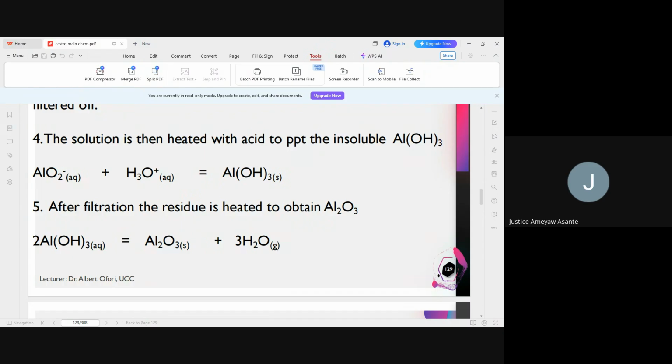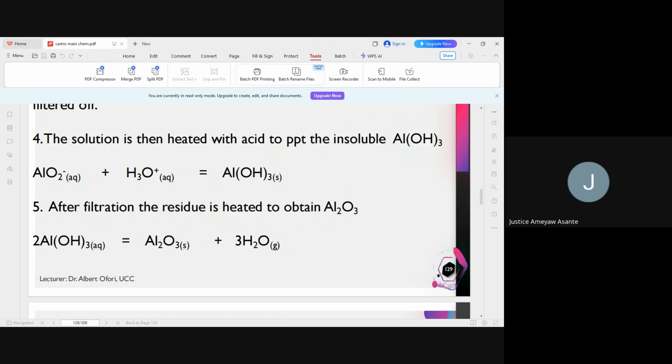After that, you have to separate the aluminum hydroxide, which is insoluble, from your silicates, which are soluble. So you filter to get your aluminum hydroxide. So the aluminum hydroxide now becomes the residue.